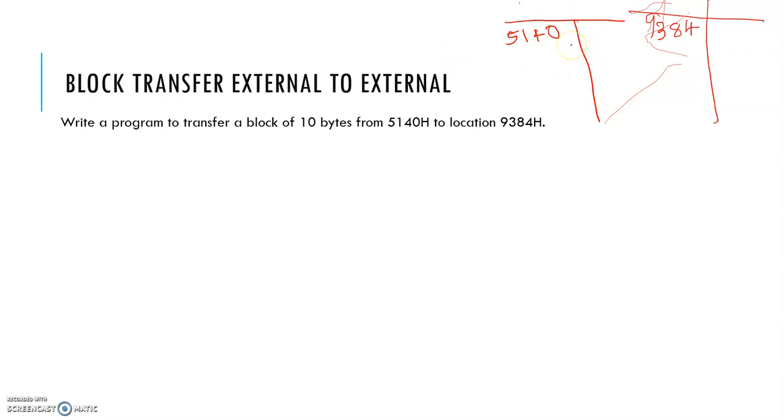As we did for the internal memory, the same operation is happening here, but the only thing is that we need to point the destination address with the DPTR register.